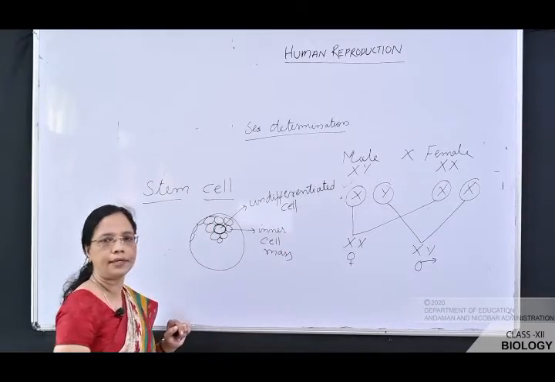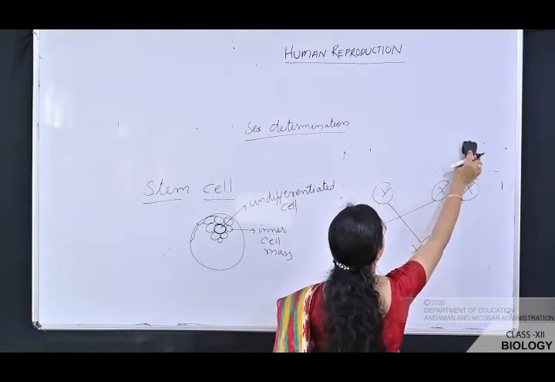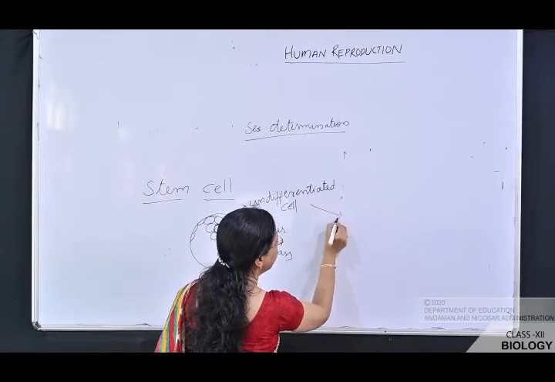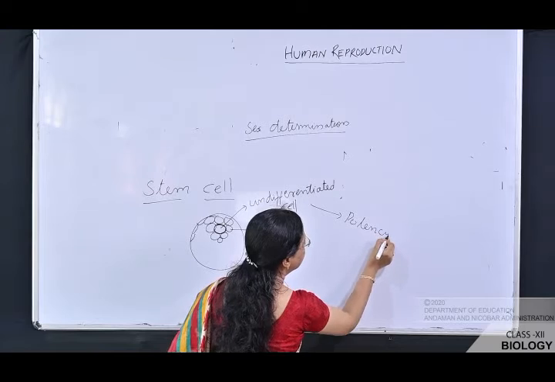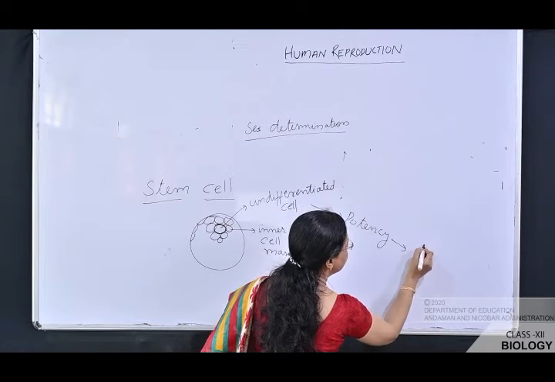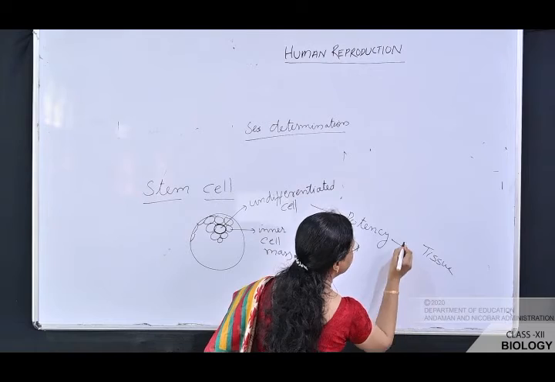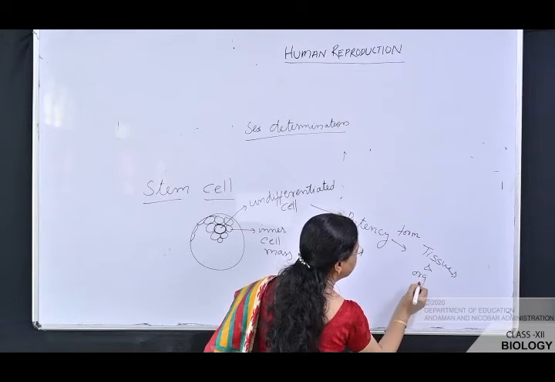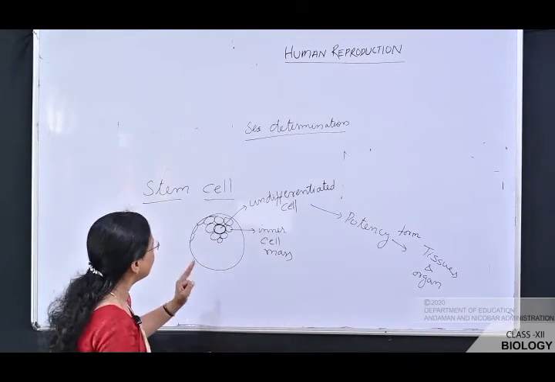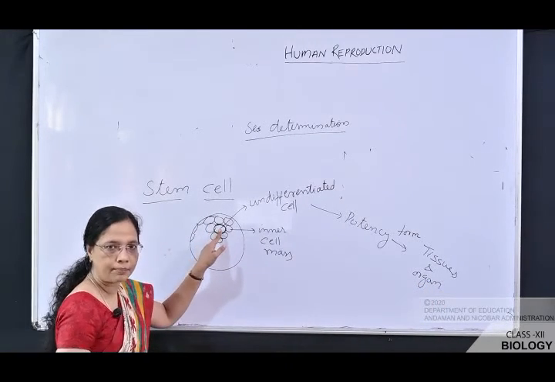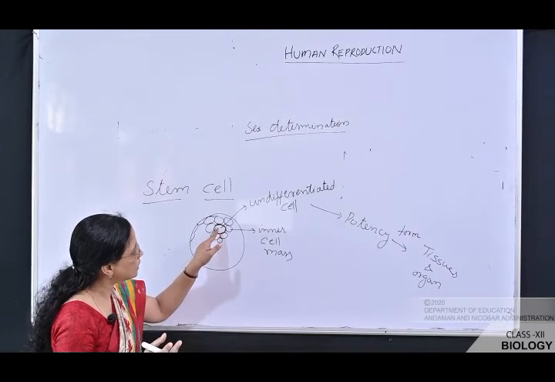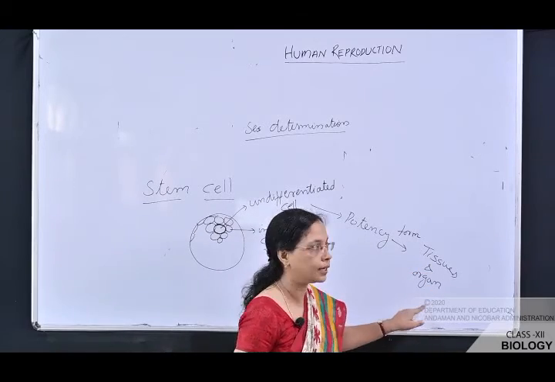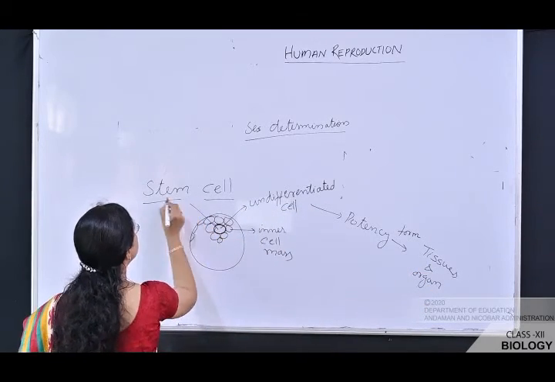These undifferentiated cells have the potency to form tissues and organs. So what you have seen is that some cells are undifferentiated, and these undifferentiated cells have the potency to form tissues and organs. Those cells are known as stem cells.